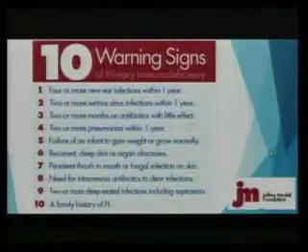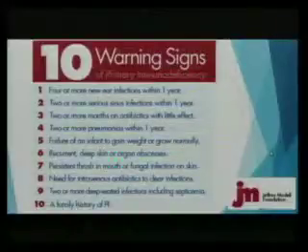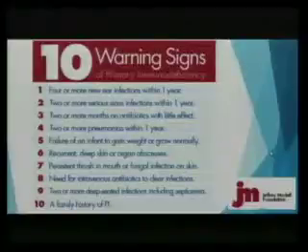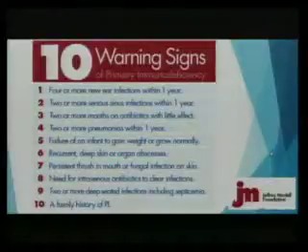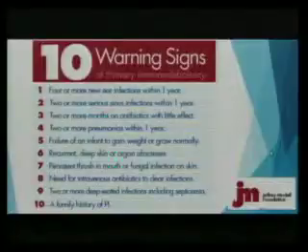And so this is from the Jeffrey Modell Foundation. You can get this just by googling Jeffrey Modell top 10 warning signs, and you can print this off and put it in your practice or in your clinics, just to remind you that certain signs are more concerning for an immunodeficiency.